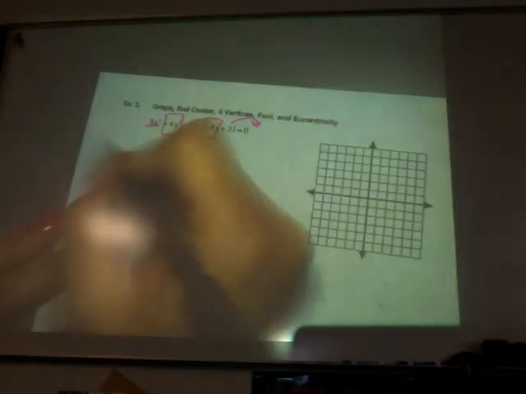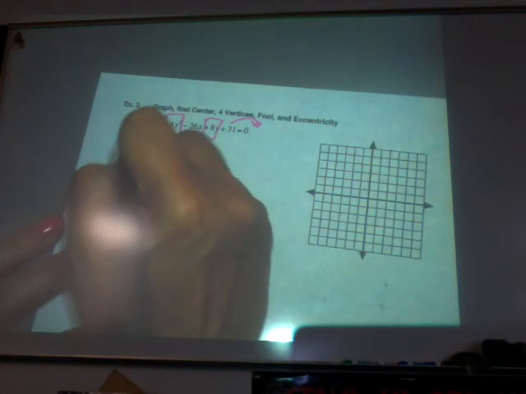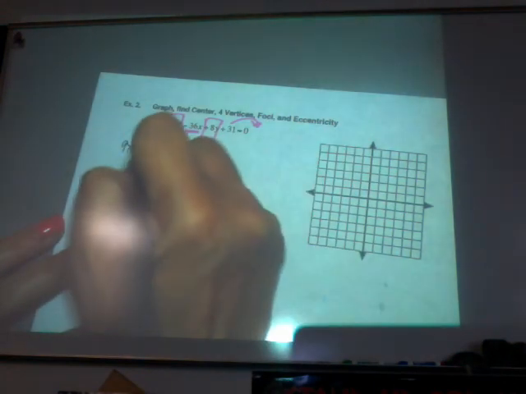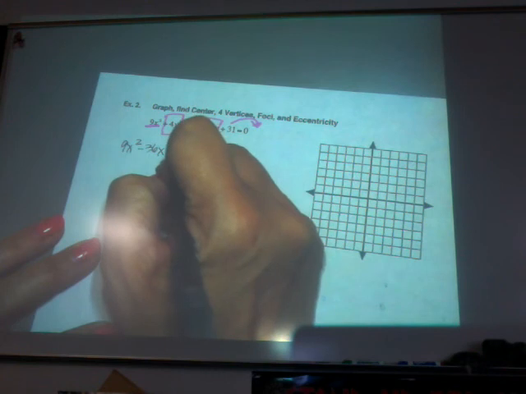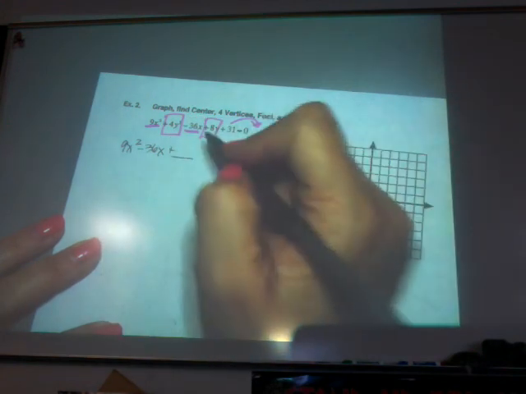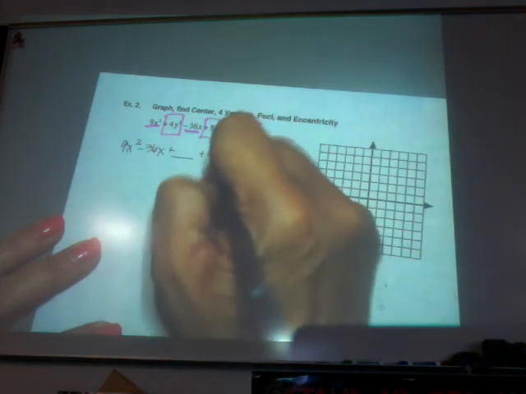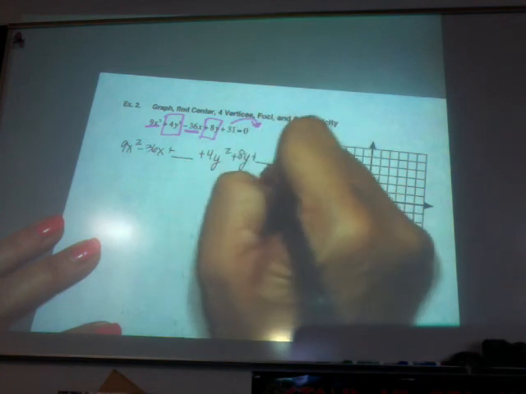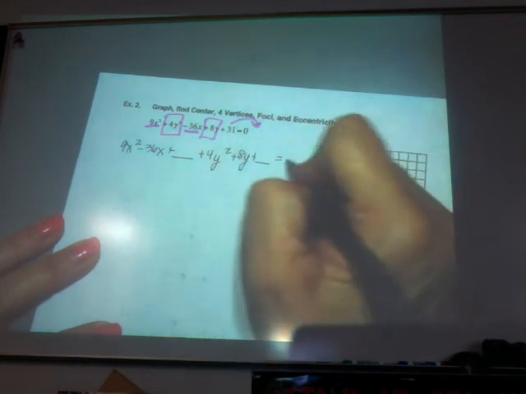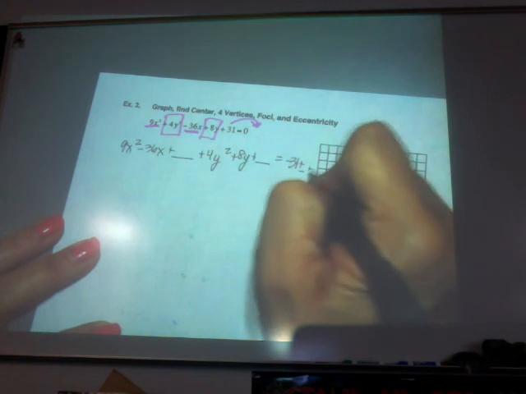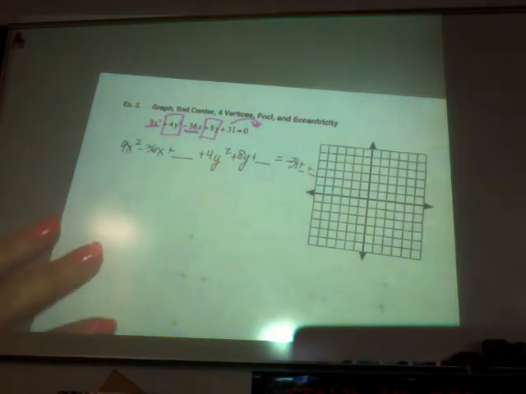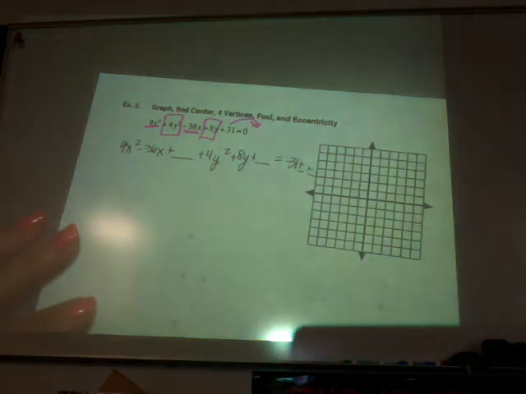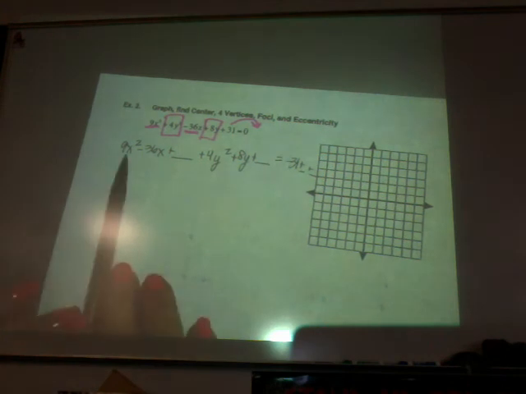Complete the square. So we've got 9x squared minus 36x plus blank, and then plus 4y squared plus 8y plus blank equals negative 31 plus blank plus blank. Can we complete the square with a coefficient in front of the x squared?